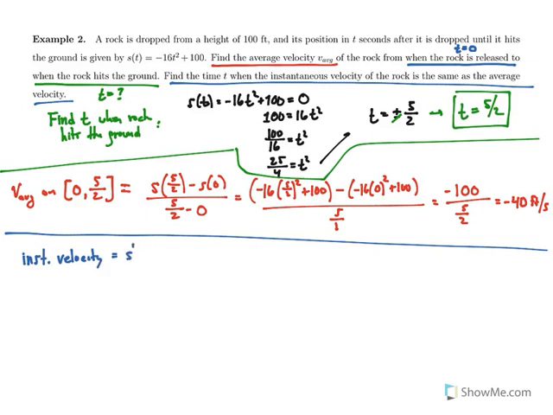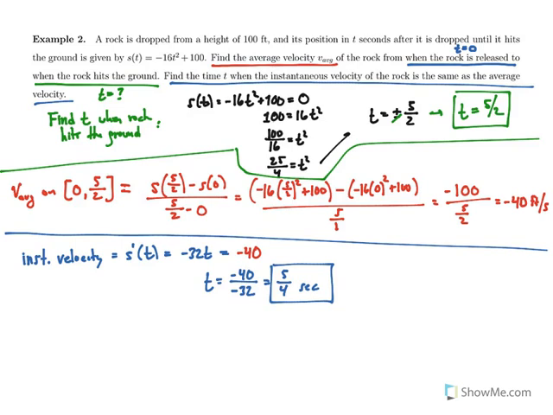That's going to be s prime of t, which is negative 32t plus 0. And we can just set this equal to our velocity that we're looking for, negative 40. And we get t equals negative 40 over negative 32, which we can simplify to 5 fourths seconds. So we're going to reach an instantaneous velocity of negative 40 feet per second at 5 fourths seconds.